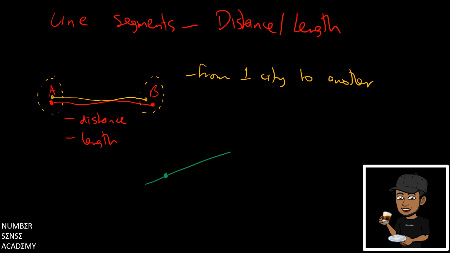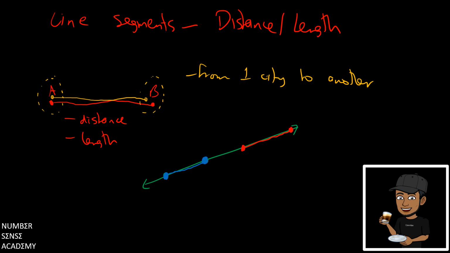So if I have a line that's, say, continuous, and these arrows tell me that it's continuous, I could chunk it out into lines or segments of the line. Right, so there's one segment of the line. I just made that blue. And then there's another segment. And the segments could be different lengths, could be different distances.